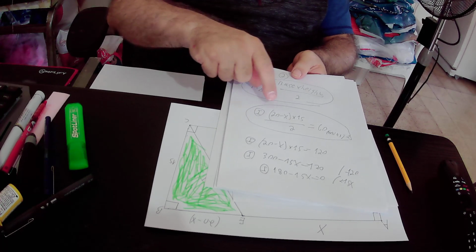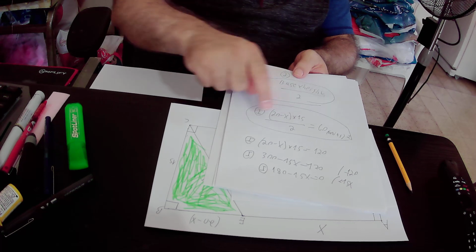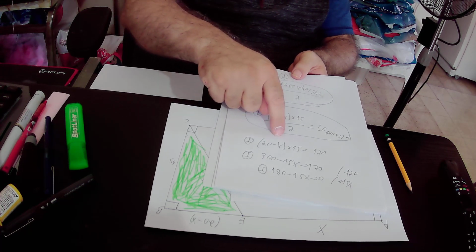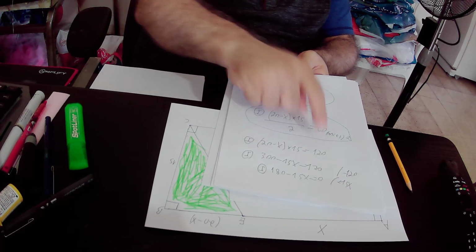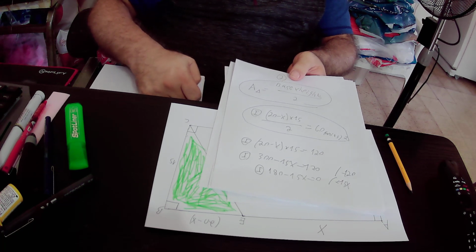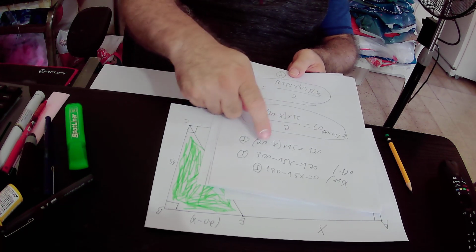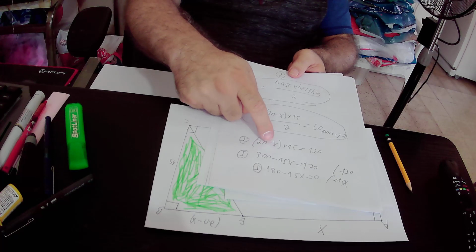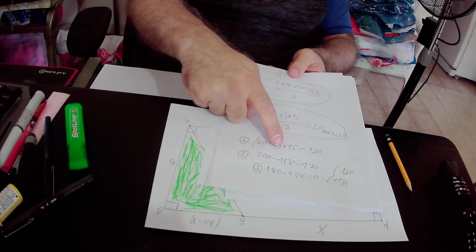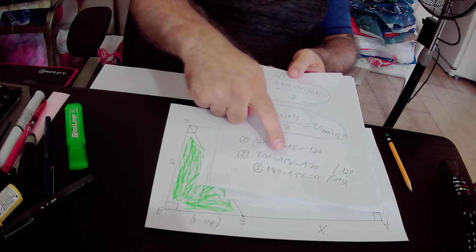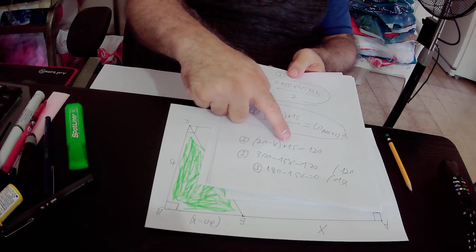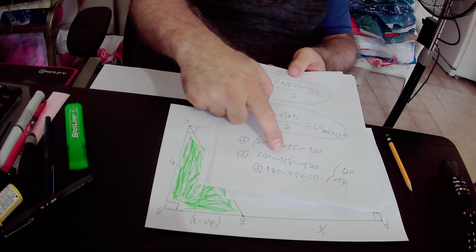So we multiply equation number 1 by 2. We get that 20 minus x times 15 equals 120. And 20 times 15 equals 300, and x times 15 equals 15x. So minus x times 15 equals minus 15x.